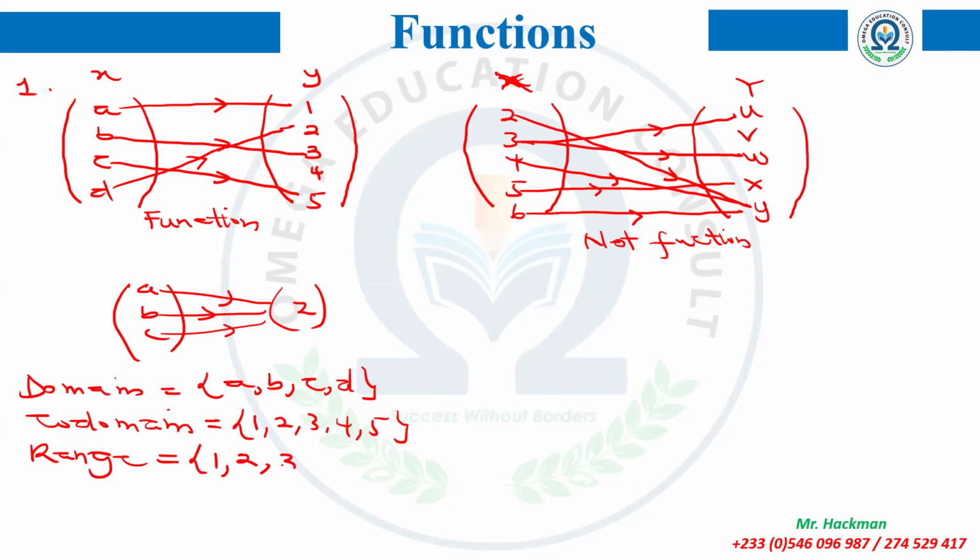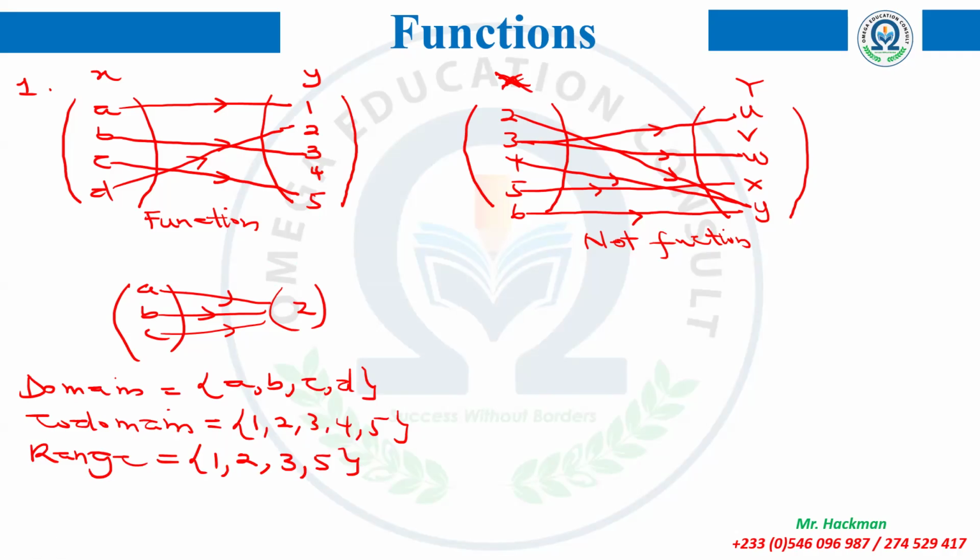What about 4? 4 doesn't, so 4 will not be part of the range. However, 4 is part of the codomain. Should 5 be part of the range? Yes, because it is an image point or an output point, as simple as that.